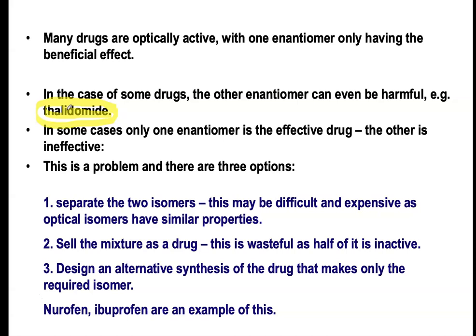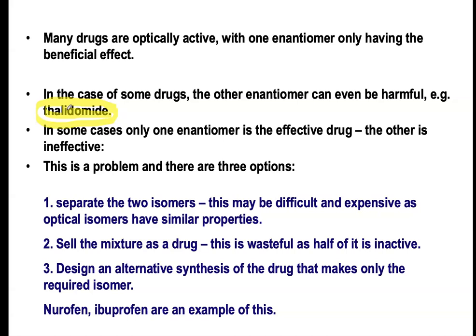So, what drug companies will do, in cases where they've made a drug and it's showing optical activity, is in the quality testing they will test those drugs and they will try to make the effective enantiomer. And there are three options which drug companies will use.